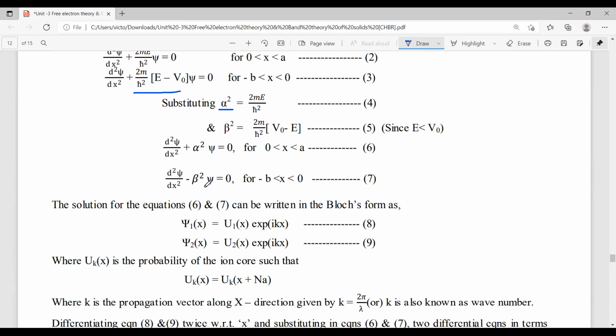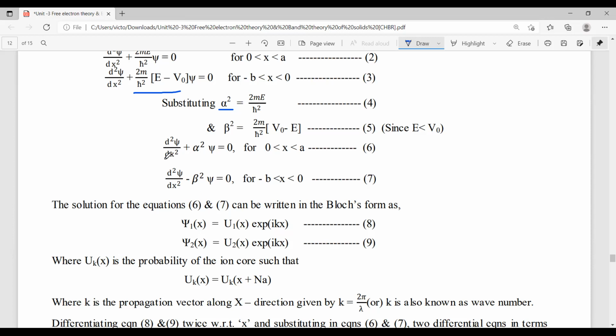Now, it is a second order differential equation. We already discussed this in Bloch theorem. Whenever we consider the potential of the electron as a periodic potential, then the solutions of the Schrodinger equation take a particular form according to Bloch's theorem.